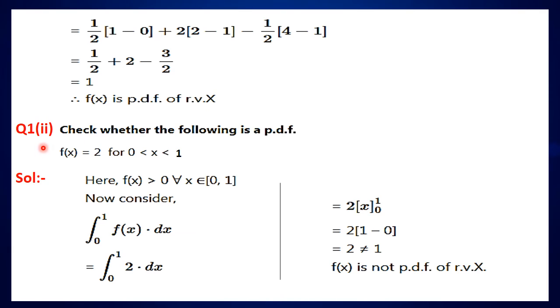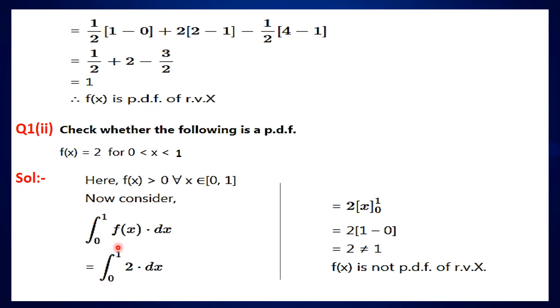Now question number 1, second part. f(x) is equal to 2 for 0 < x < 1. Here we have to check if f(x) is a PDF. Here f(x) is greater than 0 for this interval. Now the second condition: the integral from 0 to 1 of f(x) dx. f(x) is a constant 2 here.